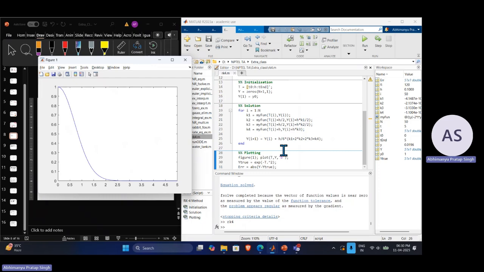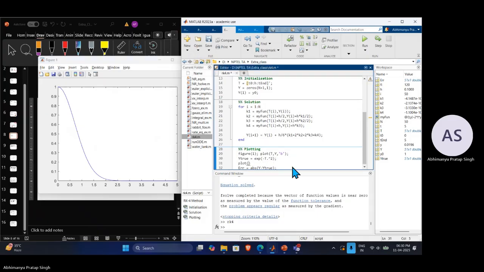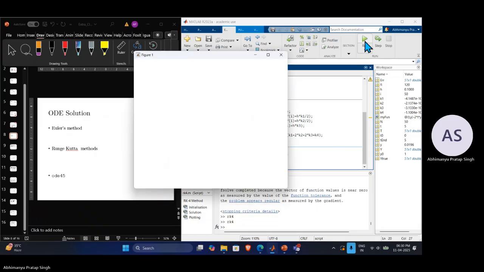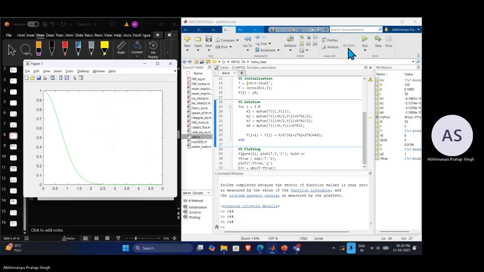So you can see that both of these solutions are superimposing on one another.